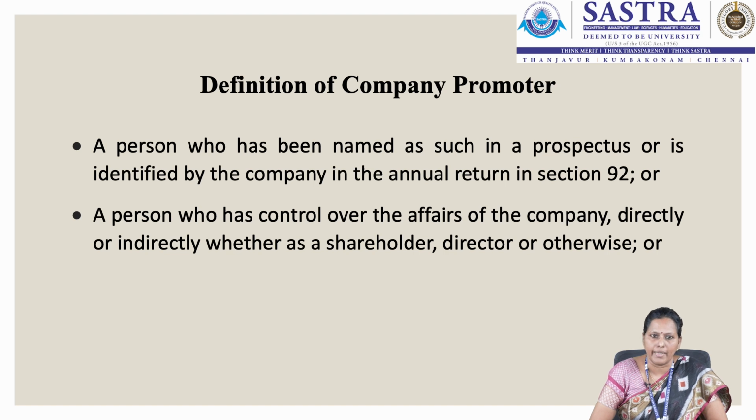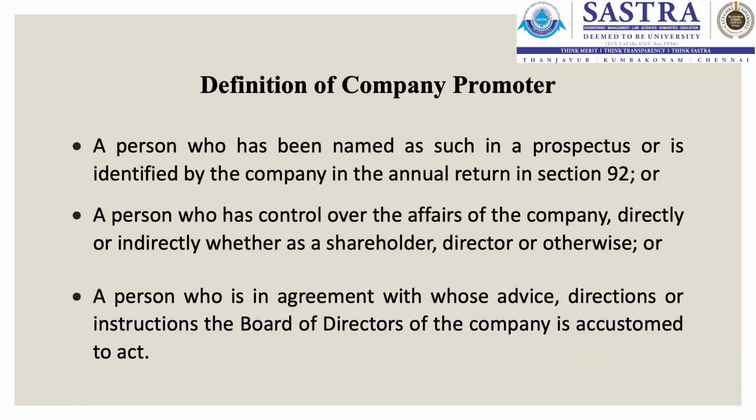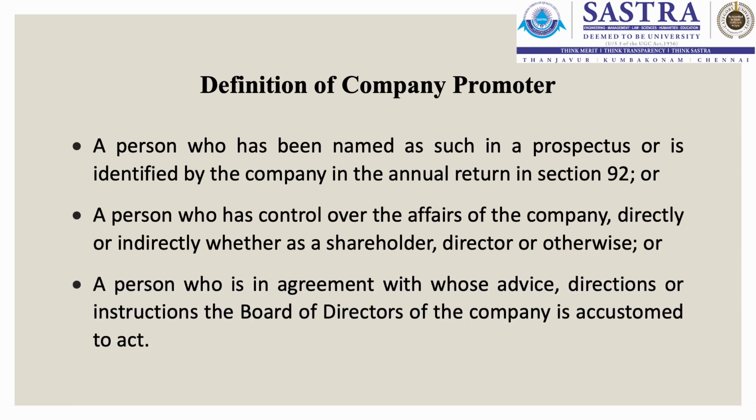It could be directly or it could be through indirect means, by acting as the member, director or otherwise. And promoter is the one to whom the board of directors would look up to, whose advice would be taken into consideration in order to take any decisions for the company.